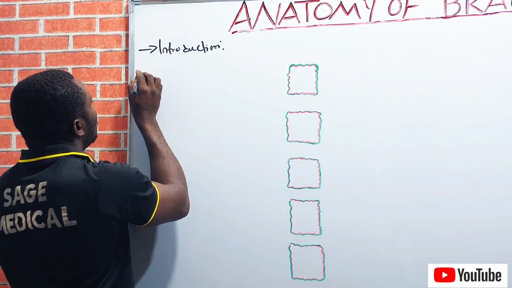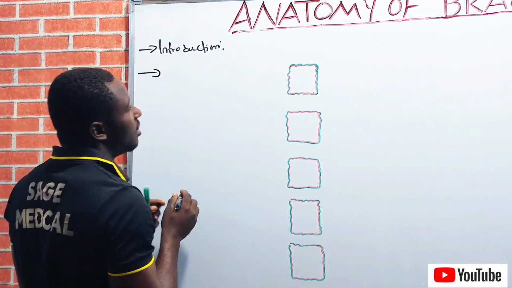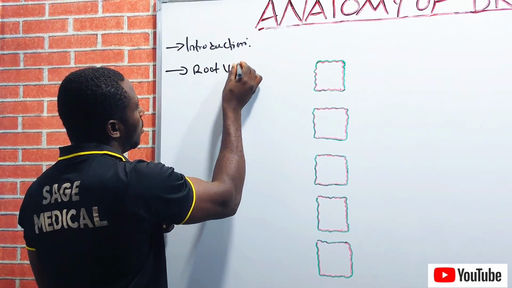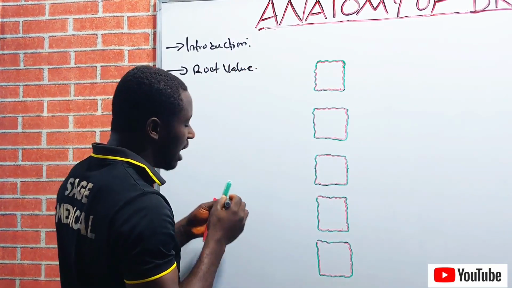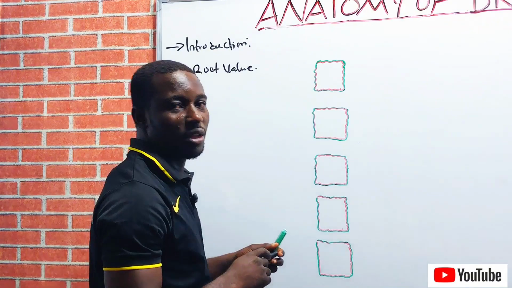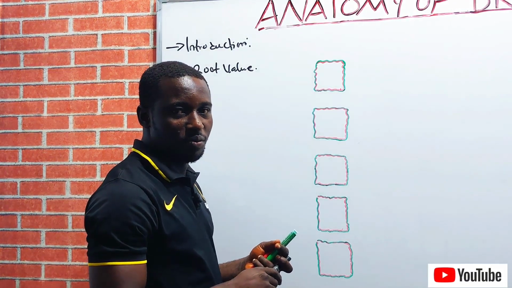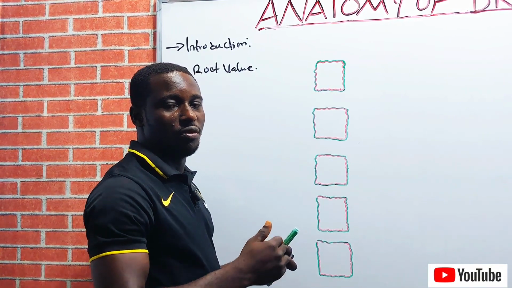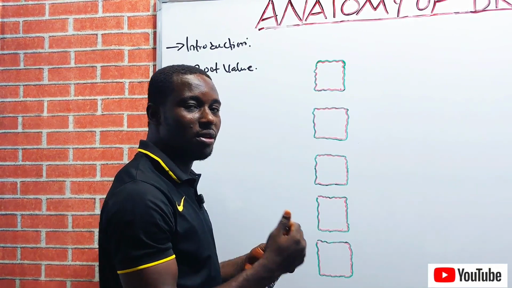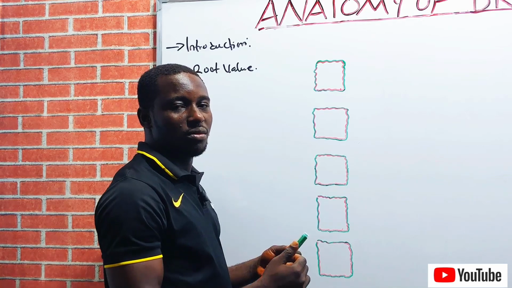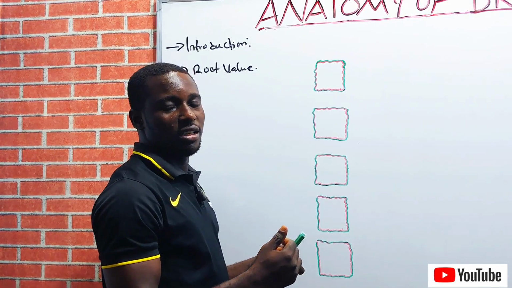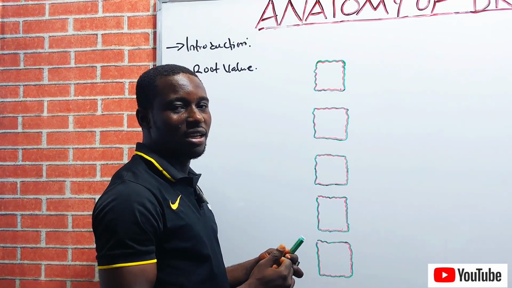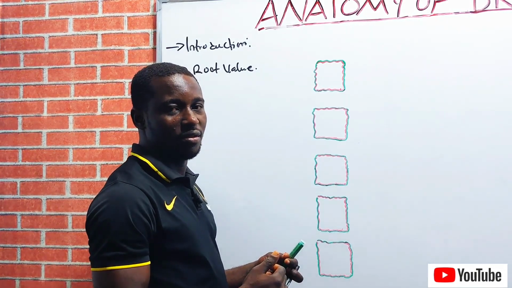Okay. Now, the next we'll be looking at is the root value. What are the root values of the brachial plexus? The brachial plexus root values start from C5 to C8 cervical spinal nerve and the first thoracic spinal nerve.